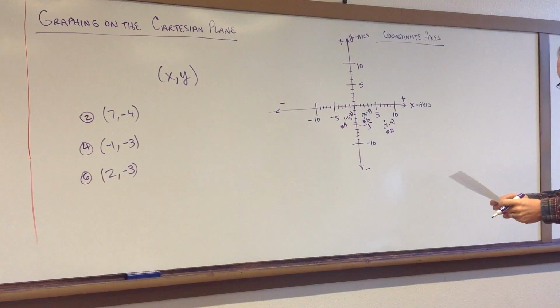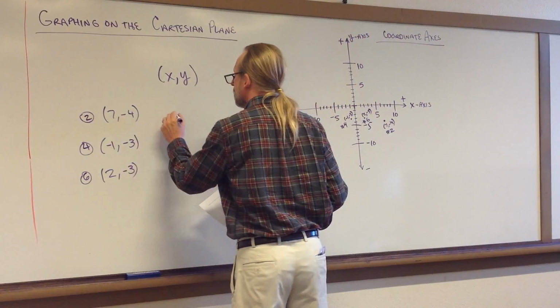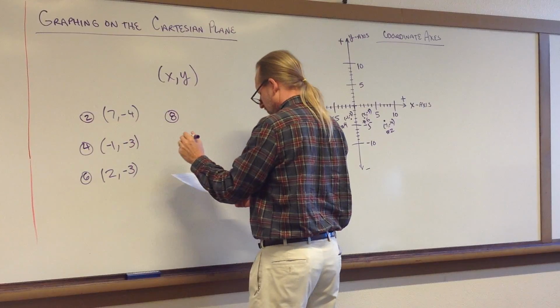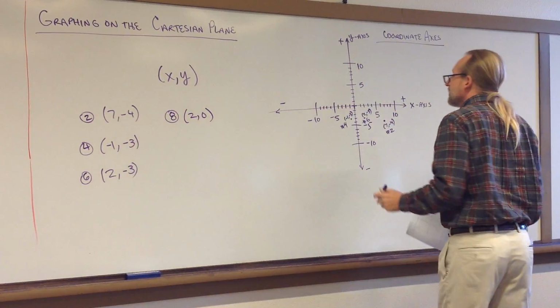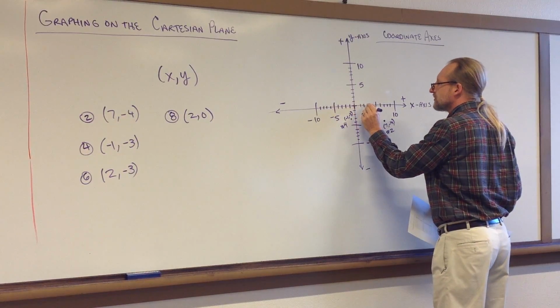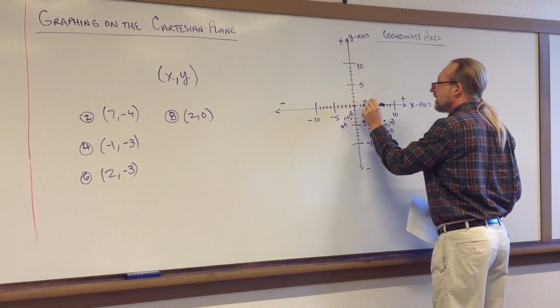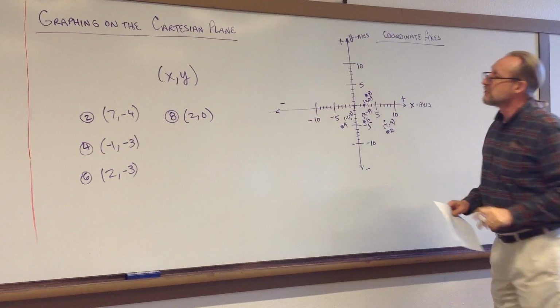Okay, let's see here. Well, let's look at one more, and then I'll clean up our coordinate axes here to do a couple more. Problem 8 is 2, 0. So in this one, the horizontal position is 2, the vertical position is 0, so we don't go anywhere, and there's problem 8, and that's the point 2, 0.